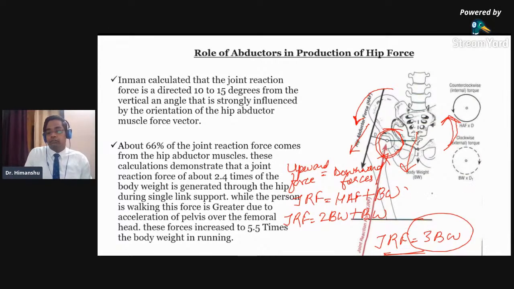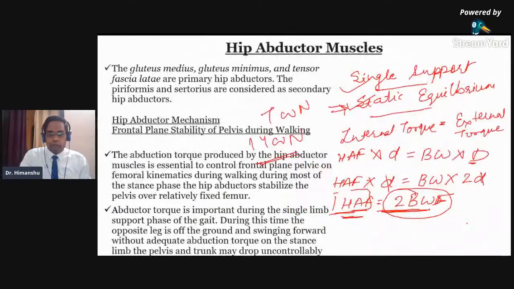So if my body weight is somewhere around 700 Newton, the compressive force acting between the two articular surfaces will be equal to 2100 Newton. Okay, so whenever I'm standing in a single support phase situation, the compressive force between the joint surfaces is thrice the body weight. All right, now let us consider another fact. Do we have a... okay, we don't have, we will do it here only.